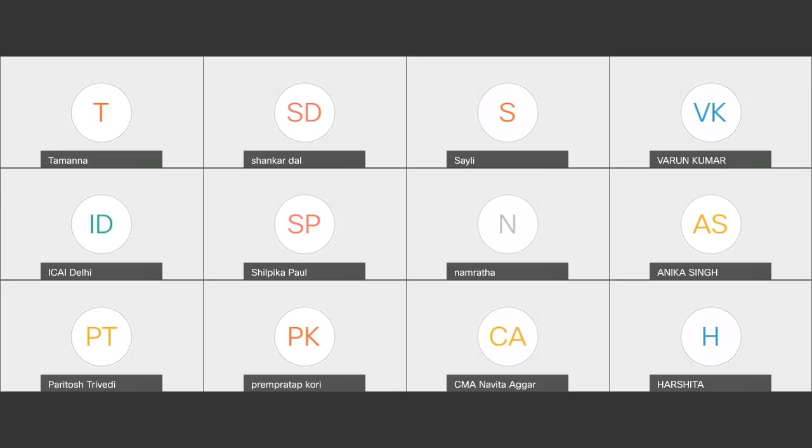Suppose we receive a certain advance today and we have not supplied. The supply of services or goods happens in the next month. So while depositing the tax for this month, we will charge 18% IGST on that advance amount.